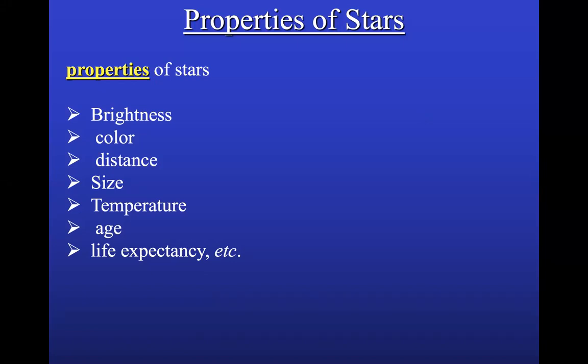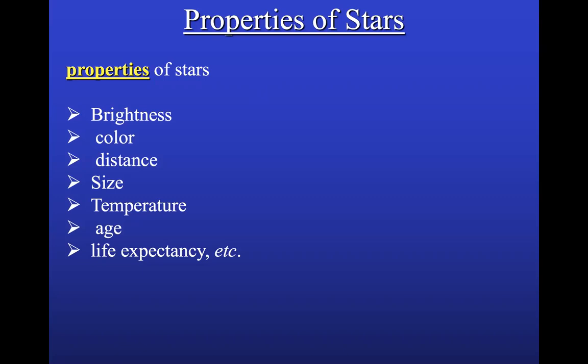These are the basic properties that I would like to talk about in this class. Once again, brightness, you know the idea, right? Color means there is a term called color of a star, which is actually measured, and we will talk about that under each of these sections.